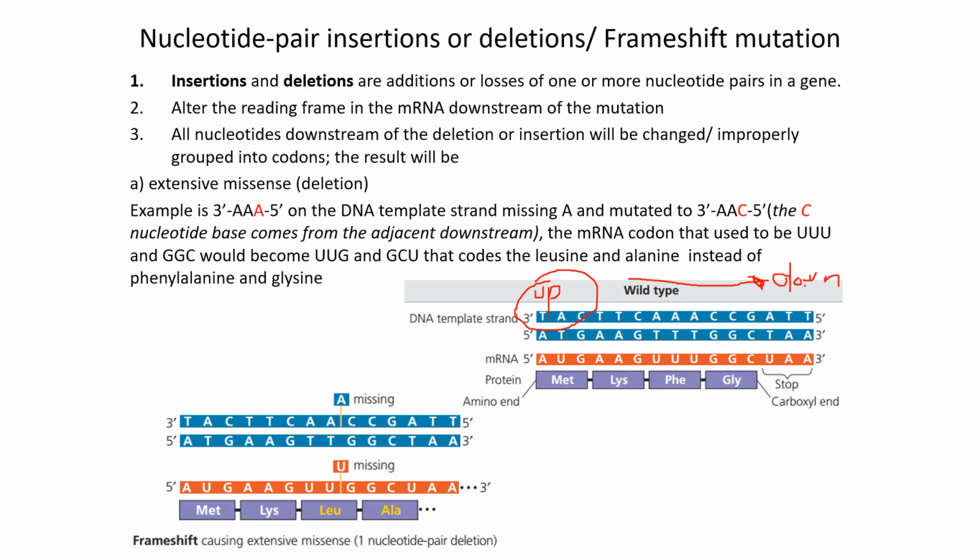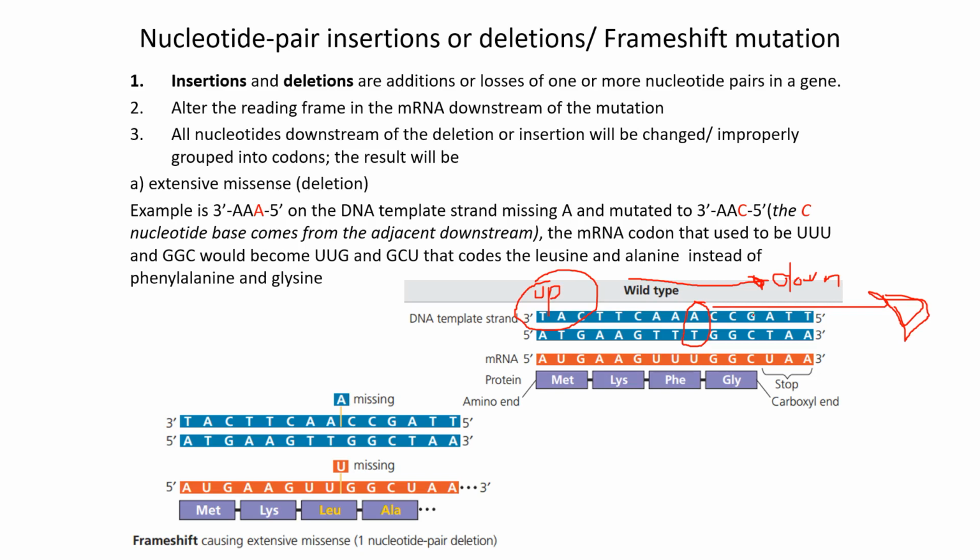So now let's say this is the point where a nucleotide base pair is being inserted or missing. Any sequence of codons downstream of this deletion or insertion is already changed.